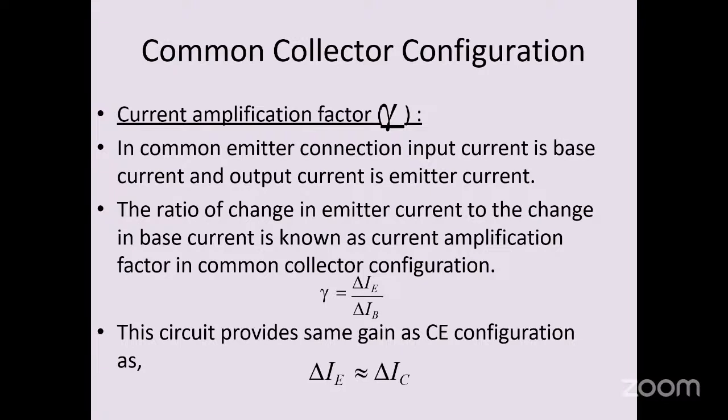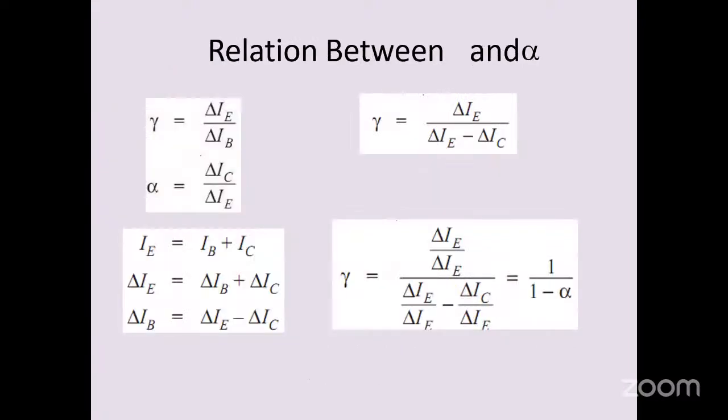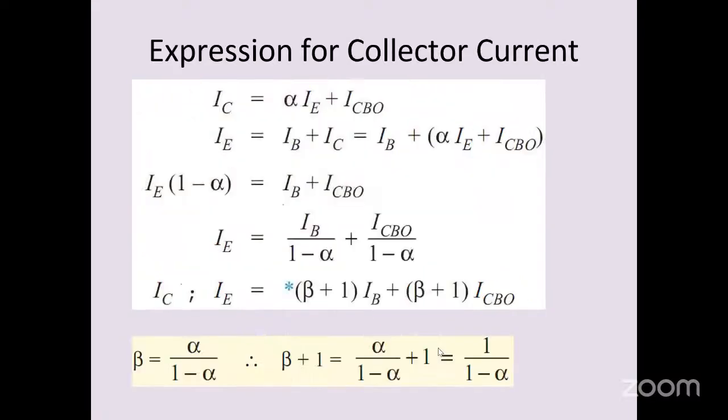So the same gain is produced as in the case of CE. So the gamma value is beta plus 1, with beta equal to alpha by 1 minus alpha.